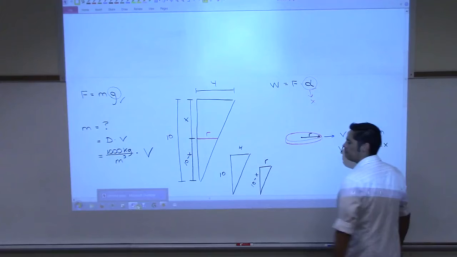I'm going to draw it three-dimensionally. That little slice will look like this. This is a nice little disk, isn't it? Yeah? What's the volume of a disk? Oh, it's like a cylinder, isn't it? Pi r squared h. The volume of this piece is pi r squared times h.